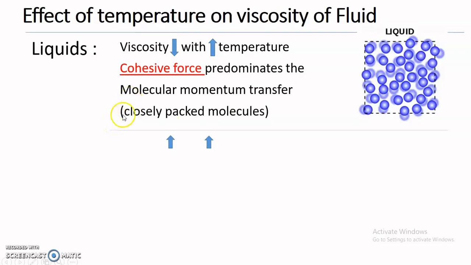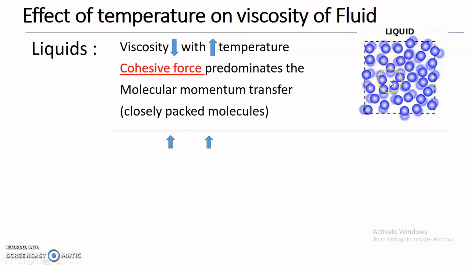Therefore, what happens when temperature is increased in case of liquid? The cohesive force reduces its strength. If the cohesive force reduces its strength, it means these molecules can move more freely.